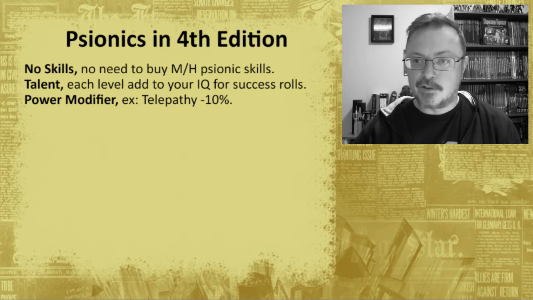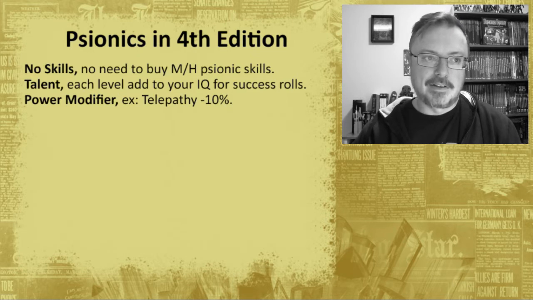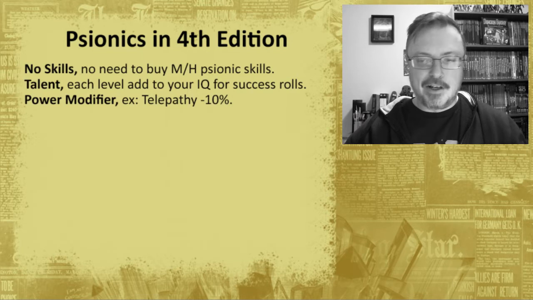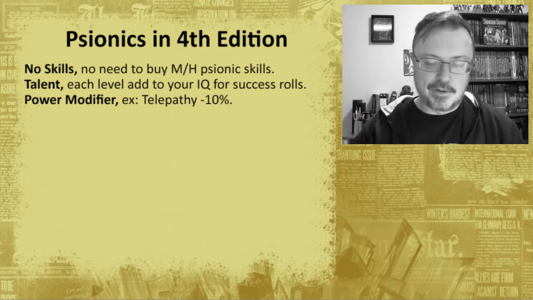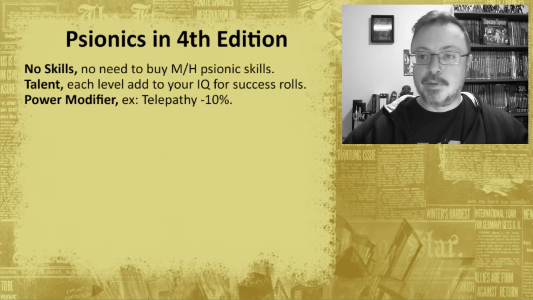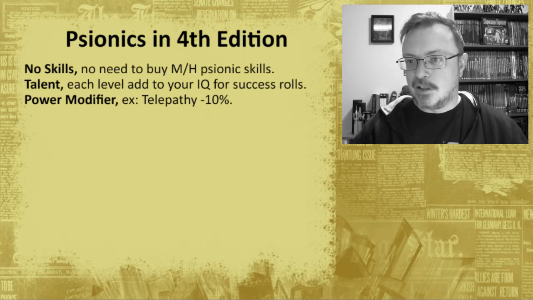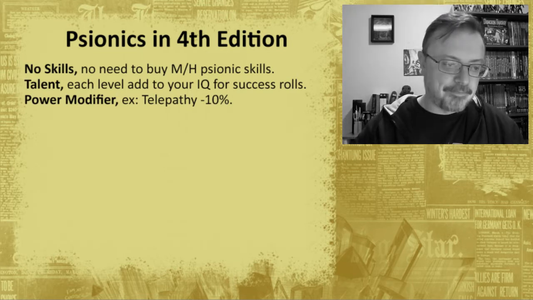GURPS 4th edition introduced the idea that you can limit those powers to create slight variations of these advantages, to differentiate between a robot using a laser beam and a psychic master.